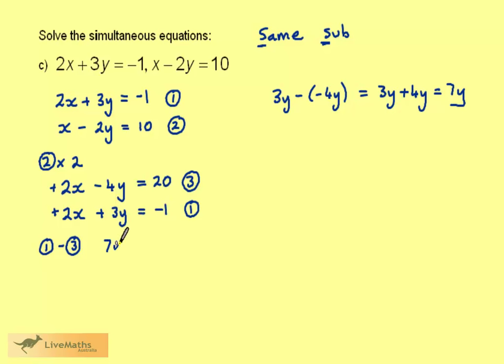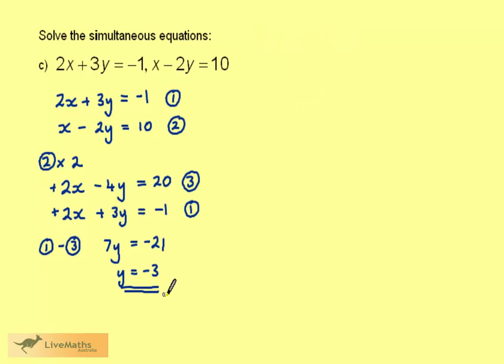So we have 7y equals minus 1 take 20, which is minus 21. So y is equal to minus 3. Substitute back into an original equation. I could choose either of them. In this case, I'm going to substitute into number 1. I have 2x.